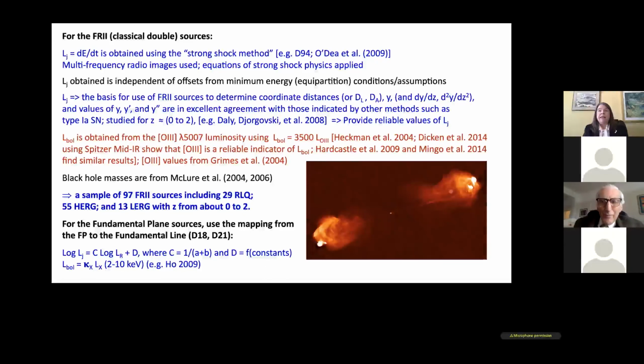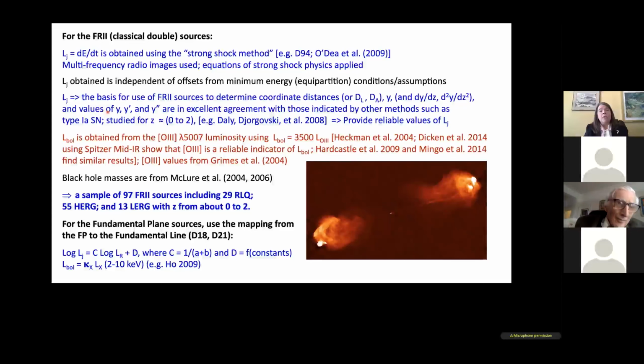So what that means is you get a really nice clean measure of the beam power independent of most assumptions, and the most important one that it's independent of is whether this is in equipartition conditions or not.